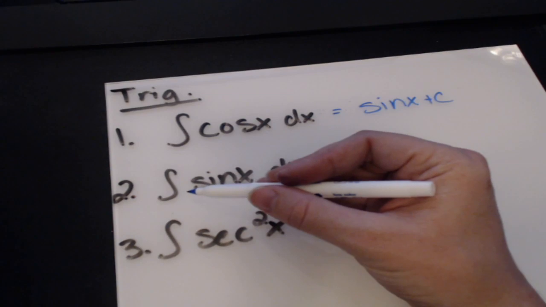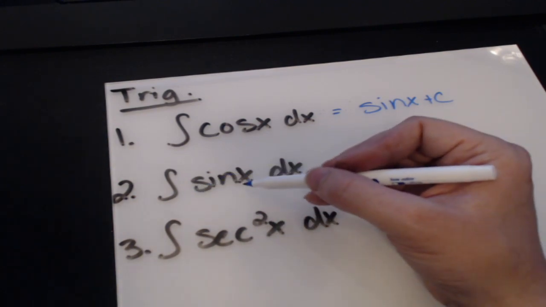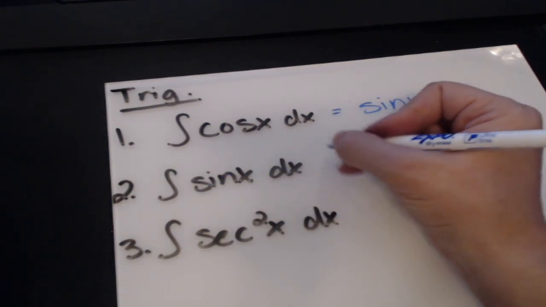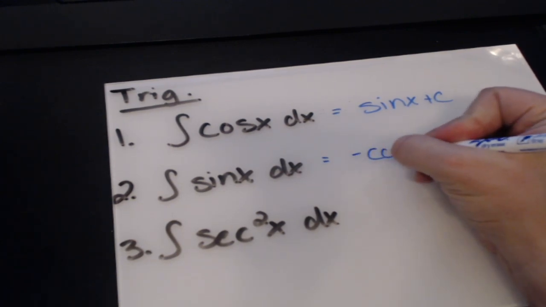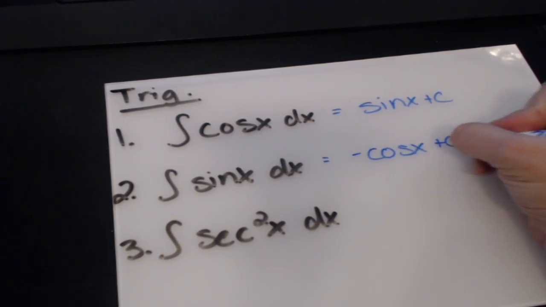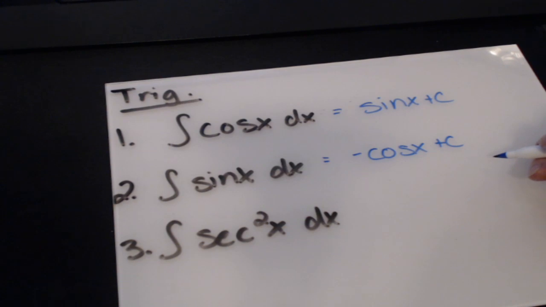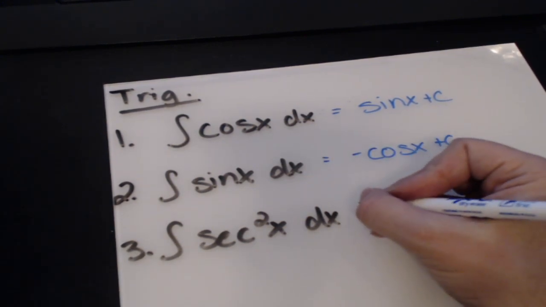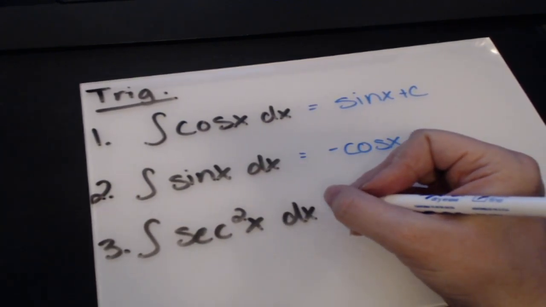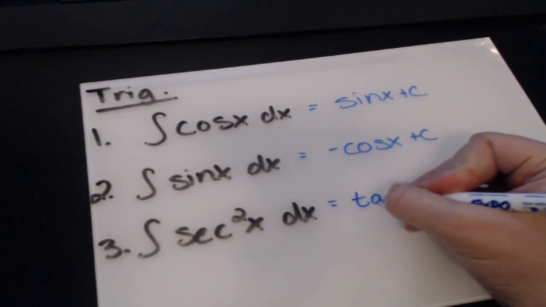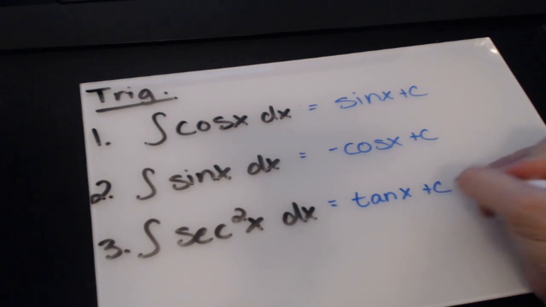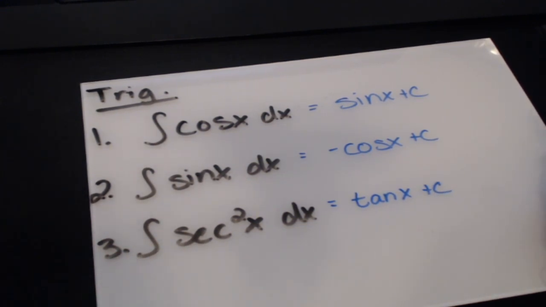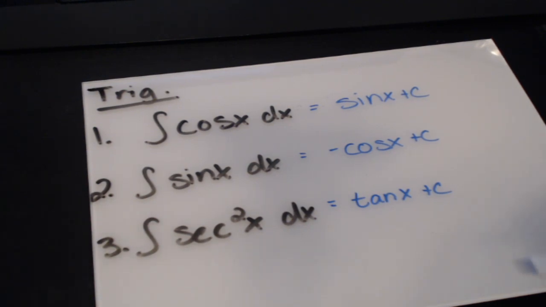So if I think about how do I get sine x, well, the integral of sine x would be negative cosine x, because the derivative of cosine x is negative sine, so a negative would give you a positive. And then I'll leave this one for you to think about. Tangent x plus c. Go back and look at derivative rules and see how that goes. Those are pretty easy. It has you having to remember trig.